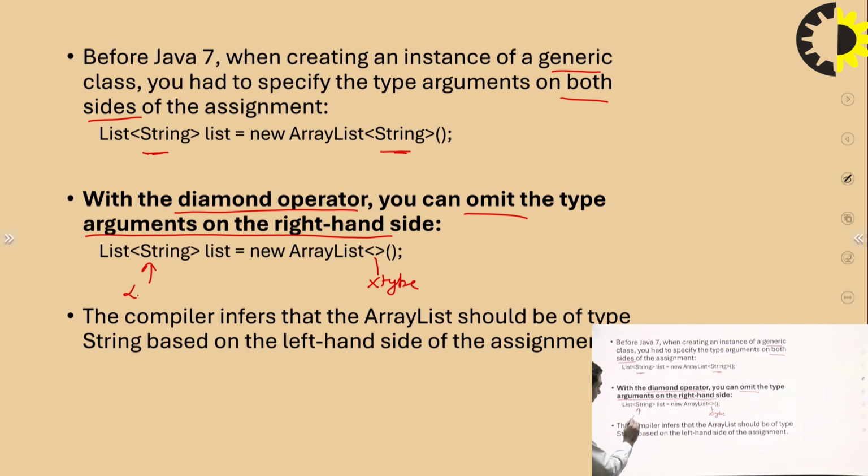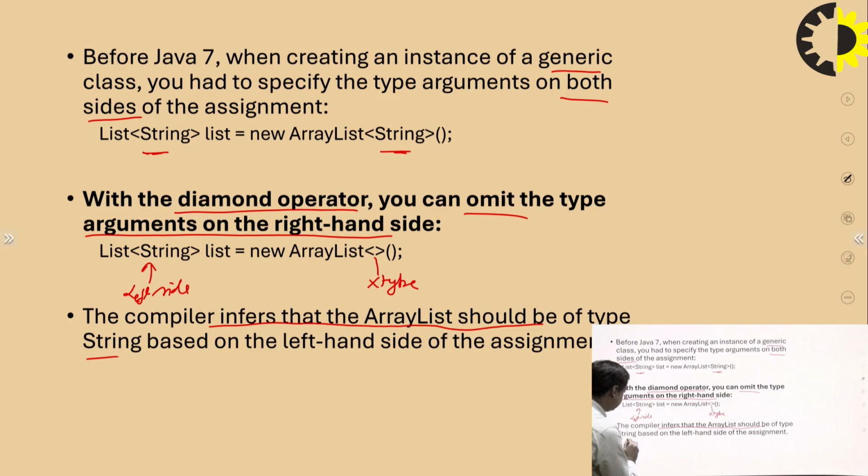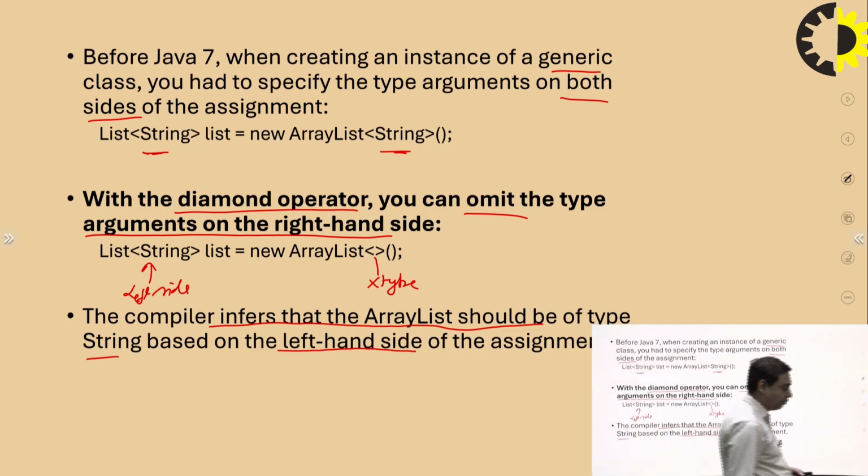The compiler will automatically infer the type with the help of the left side. So the compiler infers that the ArrayList should be of type String based on the left-hand side of the assignment. So with the diamond operator we are reducing our coding and just need to give the type on one side, and the right side will be inferred automatically.